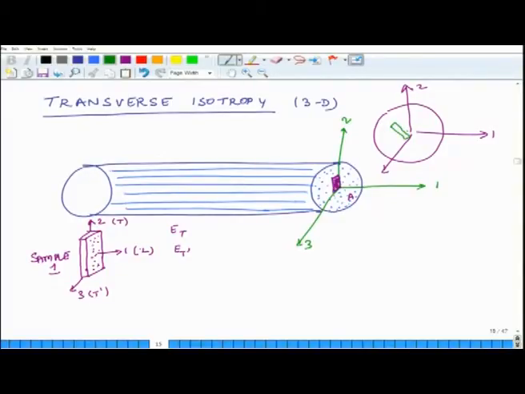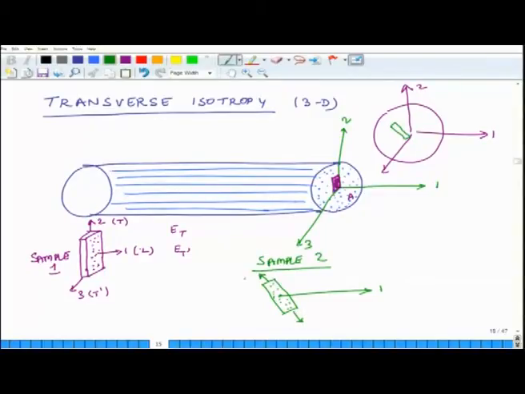So sample 2 is like this. But the normal to the surface is still direction 1, and then I still see all these fiber ends, and if I pull it in this direction.